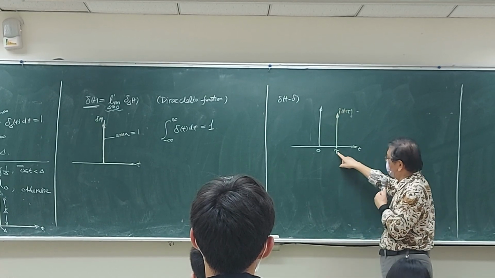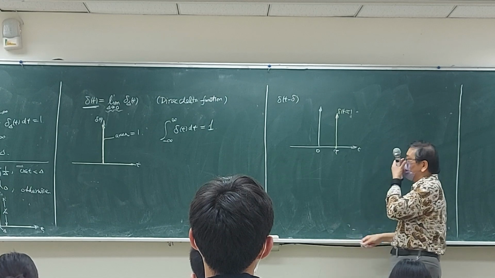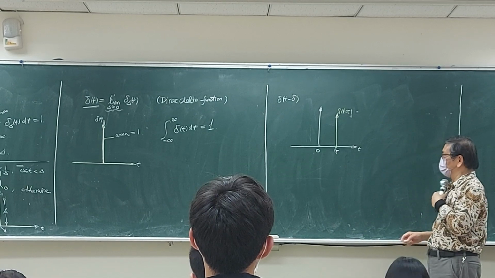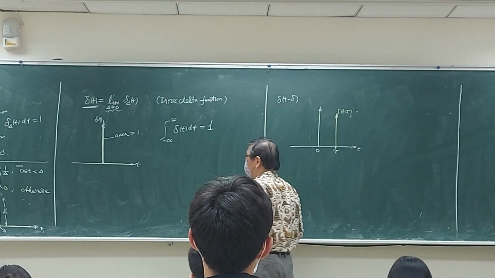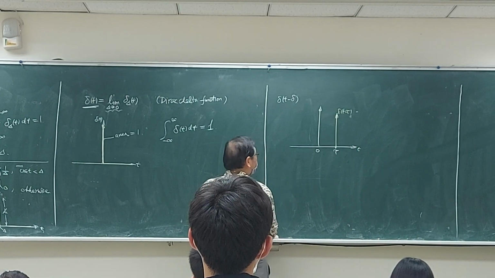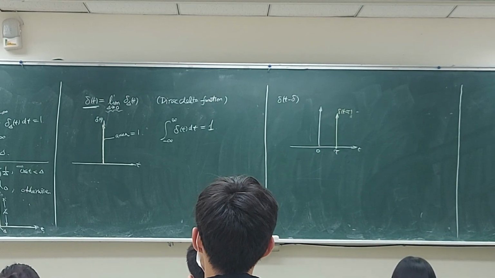At t equals tau, we have an impulse. All right, any questions? Come on, before we move on to the next one.